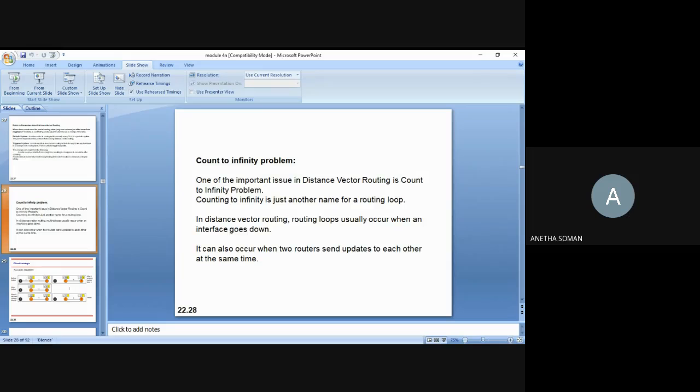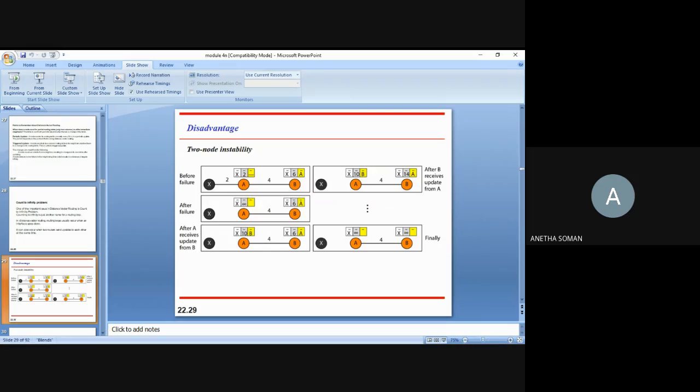Now what is this exactly? Consider this figure. They call it the two node instability or count to infinity problem.